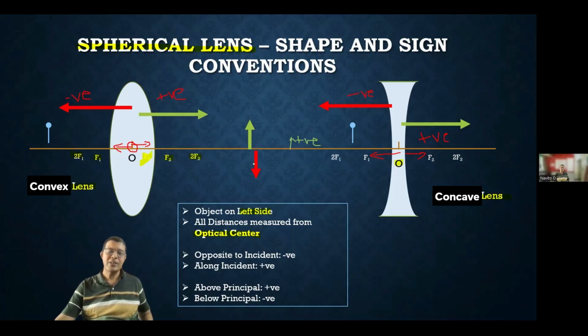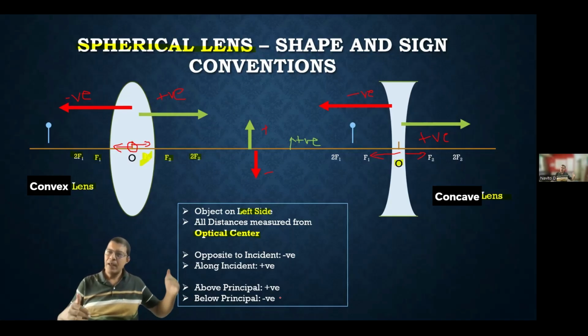Below the principal axis, as you see in red, it is negative. These are the rules which you need to remember. One is about the distance, and the other is about the height and the location of the object.